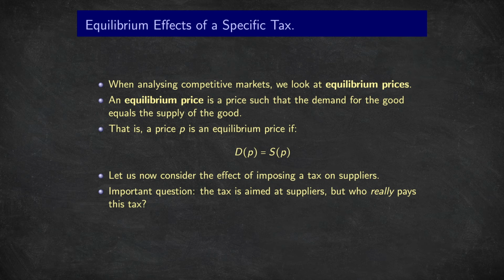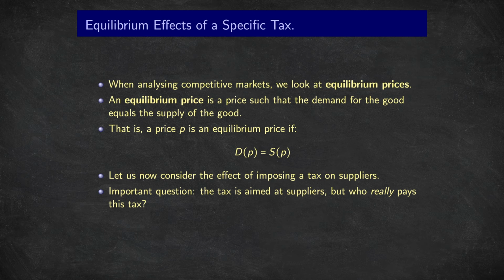So when analysing competitive markets, remember from our last lecture that we look at equilibrium prices. Now, these are magic things. An equilibrium price is a price such that the demand for the good equals the supply of the good. So there is no excess demand and there is no excess supply.